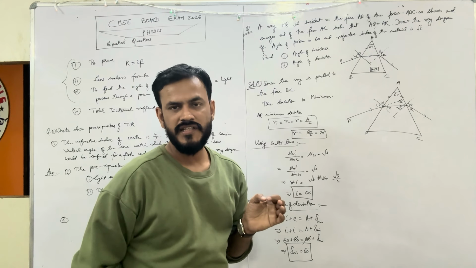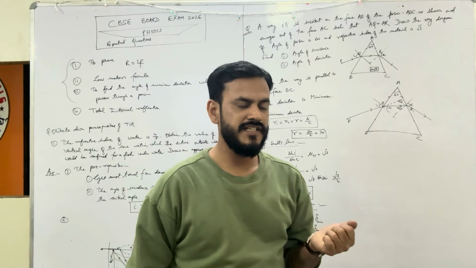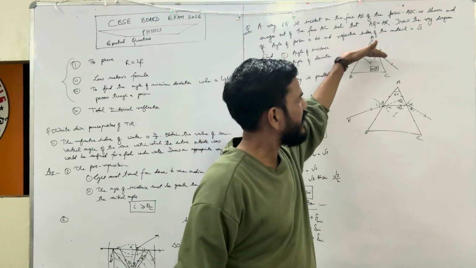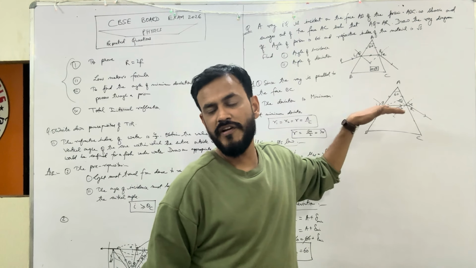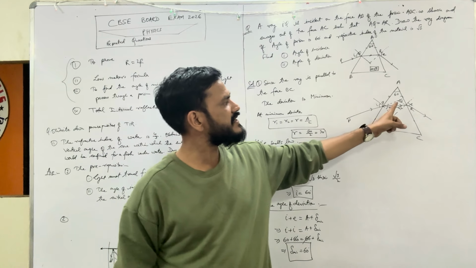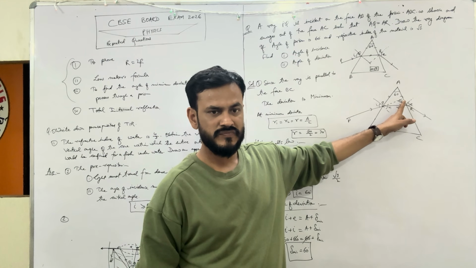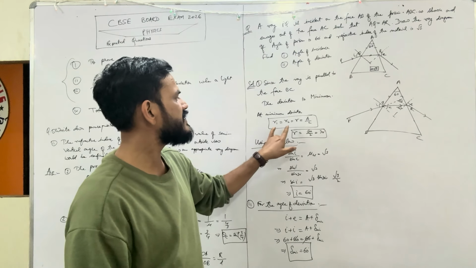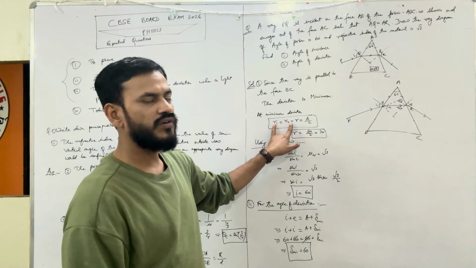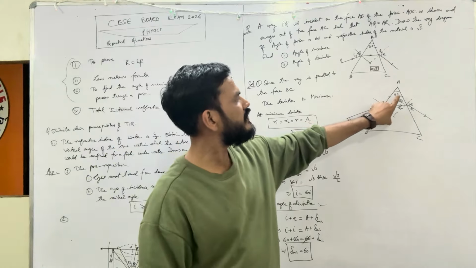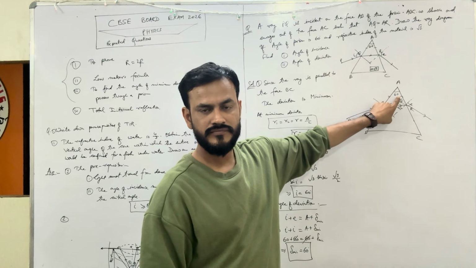A few important things you should draw out of this: AQ equal to AR means the ray is parallel to BC. Whenever the ray is parallel to BC, it means the deviation angle is minimum. If the angle of deviation is minimum, you immediately realize that r1 is equal to r2, which is r, and that is half of the angle of prism.